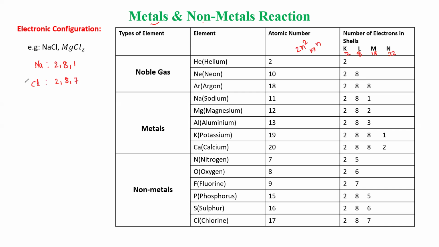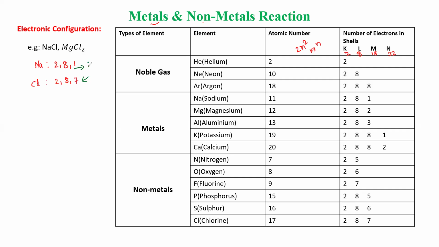Now here, if sodium loses one electron, then its outermost shell will have 8 electrons. And when chlorine gains one electron, then its outermost shell will have 8 electrons. It's difficult to lose 7 electrons, so chlorine is not going to lose, it's going to gain.